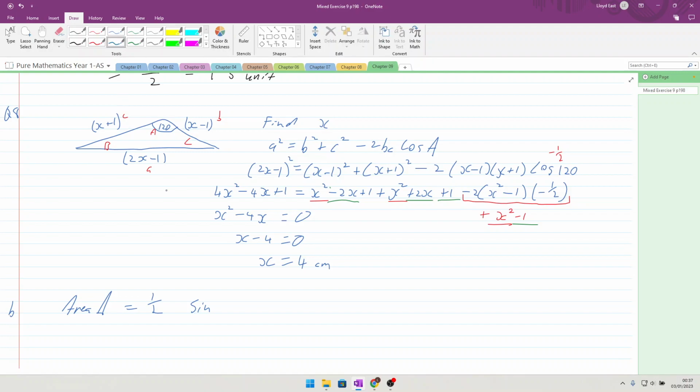For my letters up here, my angle is A, so I've got a half bc sine A. So I've got a half times, now remember x is 4, so 4 minus 1 is 3, and 4 plus 1 is 5, and it's the sine of 120 degrees.